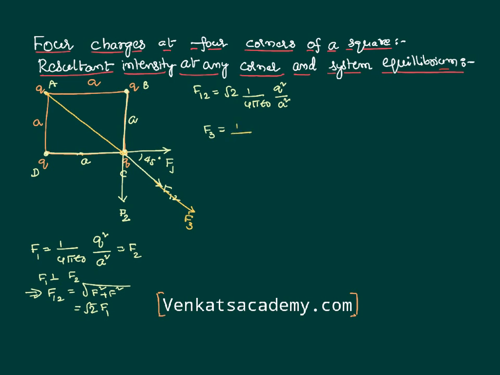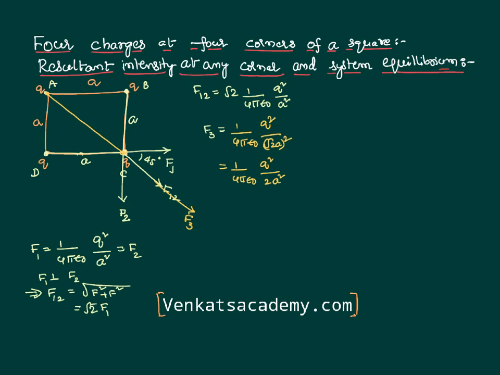So I can write the formula: F3 is equal to 1 by 4 pi epsilon naught, both are q's, q and q, by this distance, root 2 times a, whole square. So the value of F3 is 1 by 4 pi epsilon naught q square by 2a square.